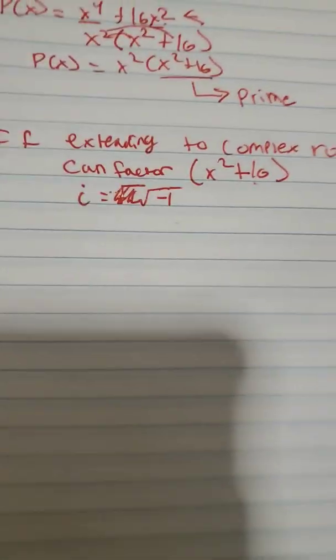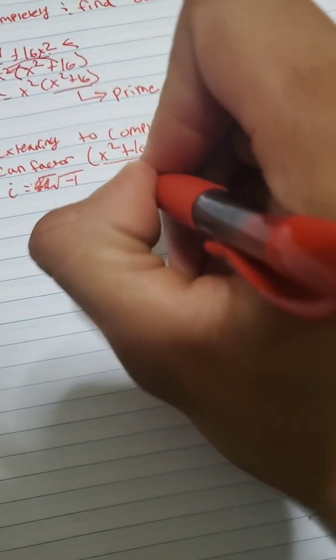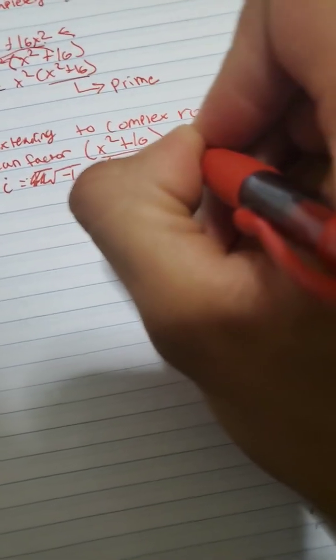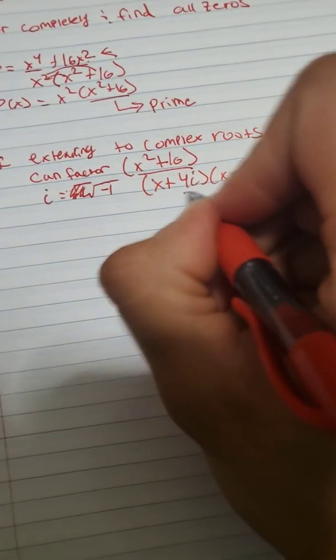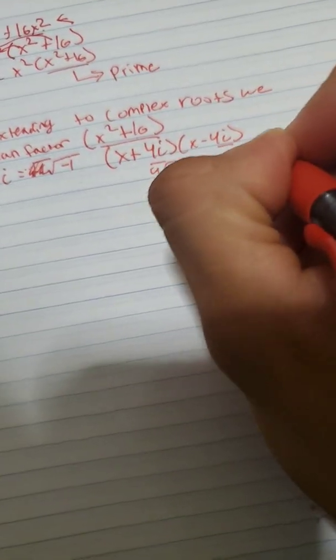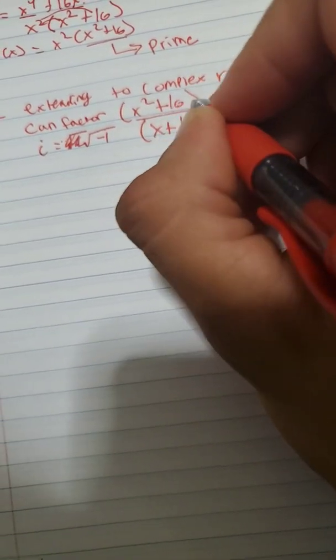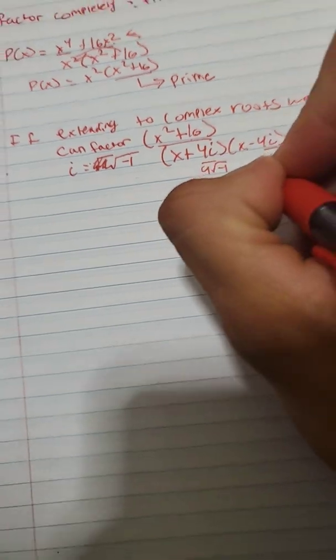So pretty much what we're going to do here is this factors out to a difference of squares: (x plus 4i)(x minus 4i). This is 4 times the square root of negative 1, this is minus 4 times the square root of negative 1, and this turns out to be x squared plus 16.